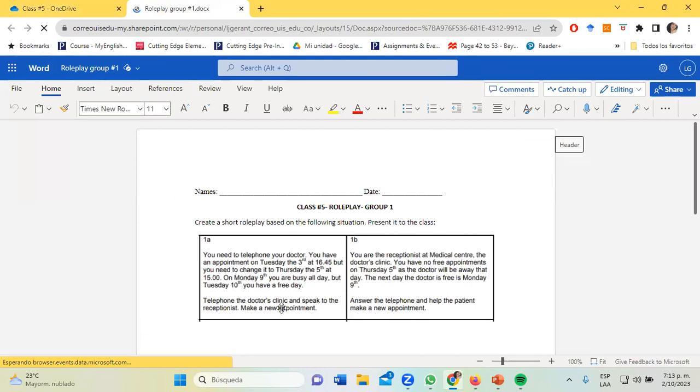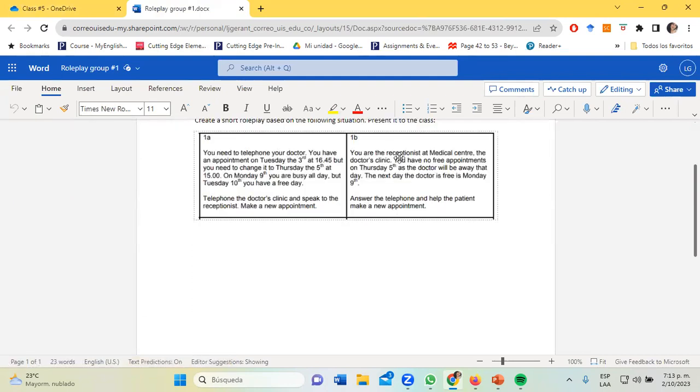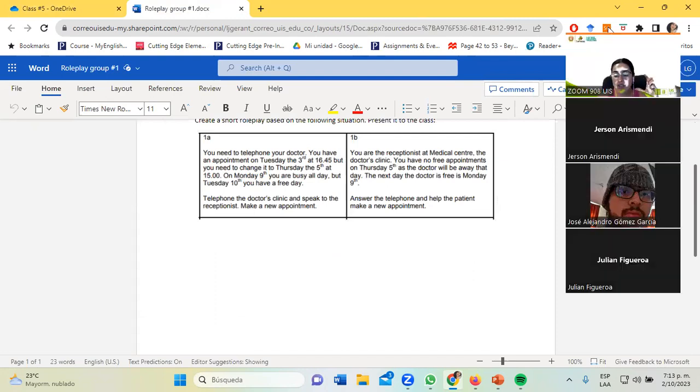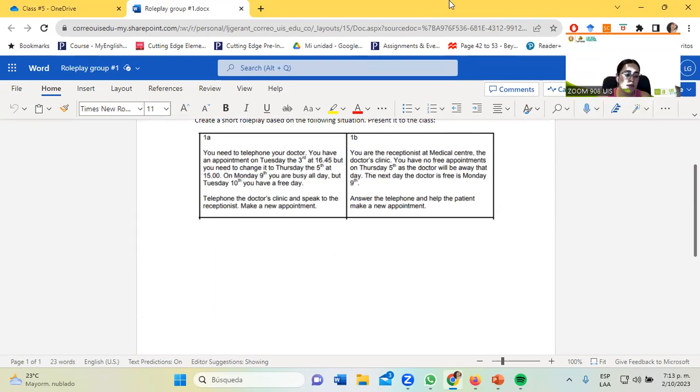So each group has a different role play situation. For example, this one is a medical center. The receptionist at a medical center. Okay, so you will read the situation and create a short role play based on that situation. You can implement what we have learned about greetings, about appropriate vocabulary, okay?